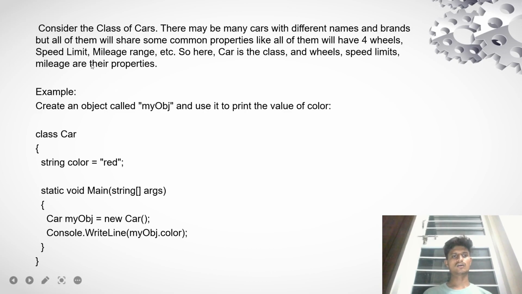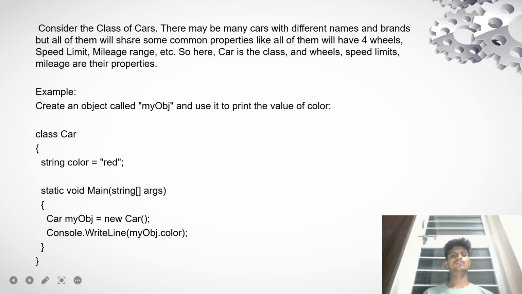Please go through the previous video, so that you will understand objects and classes better. Without knowing classes, you can't understand objects. Consider the class of cars, an example we saw in the previous video.